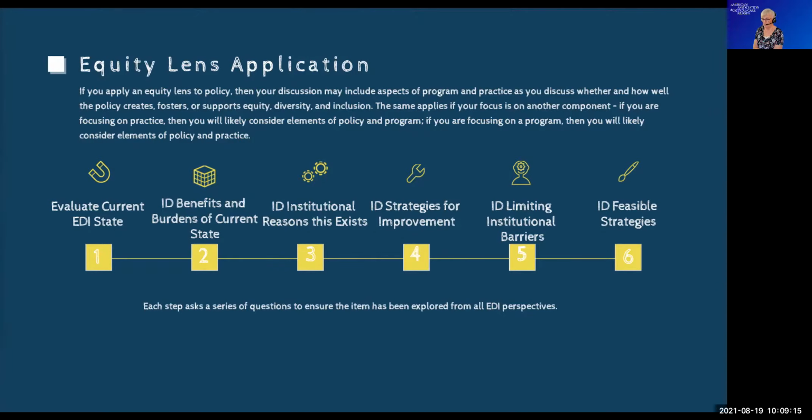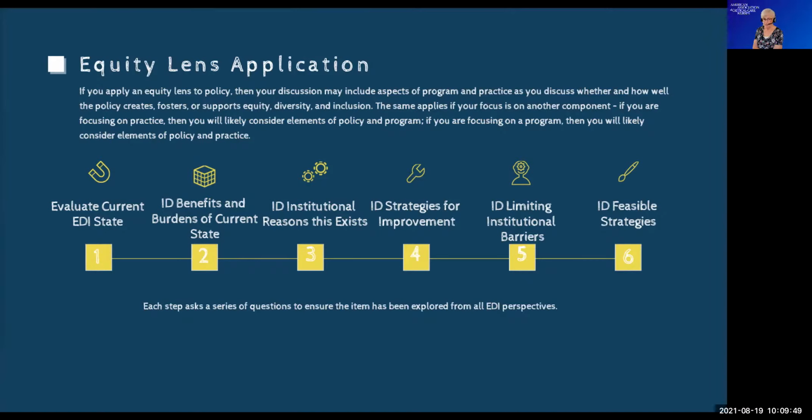We'll identify strategies that we believe would improve and increase the equity of a particular program, practice, or policy. We'll then look at what are the limiting institutional barriers that would prevent us from implementing some of these strategies for improvement. And then from that, we will identify what are the feasible strategies.